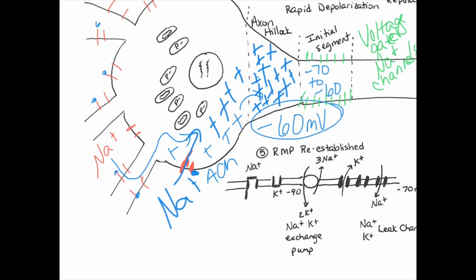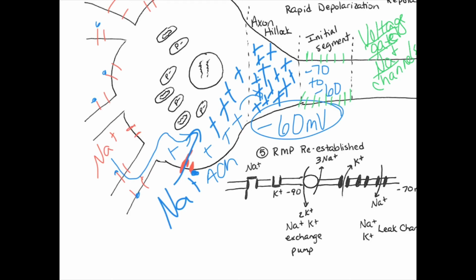You can't see that very well, green's not a great color. They are sensitive to voltage, and they will only let sodium in. That's why we call them voltage-gated sodium channels. They are going to open as soon as that hits threshold, which is -60.